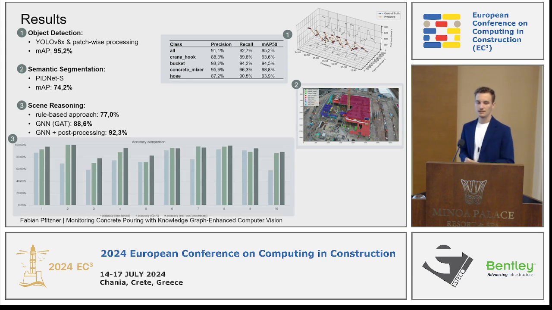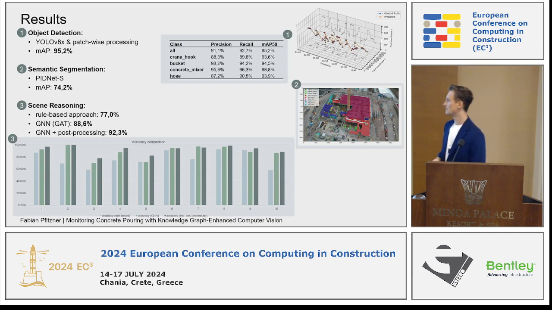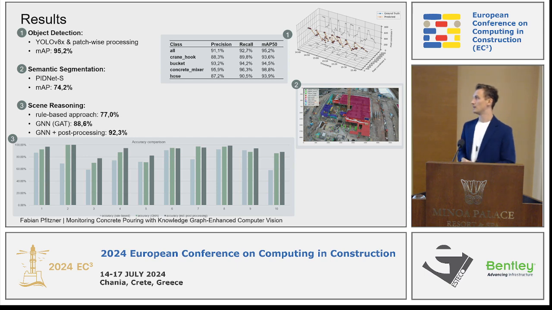Then for the scene reasoning approach, first of all, for the rule-based approach, here you can see all samples. For the rule-based approach, we were achieving accuracies of 77%, so giving a first good idea whether this approach works, and the graph-based representation supports understanding the states of the process.